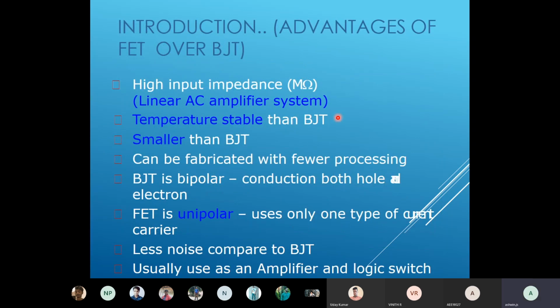Just an introduction about the advantages of the FET over the BJT. The BJT is a current control device, and the FET is a voltage control device. The FET has high input impedance. What is the advantage of high input impedance? For an amplifier, the input should be very small and the output delivered should be very high.